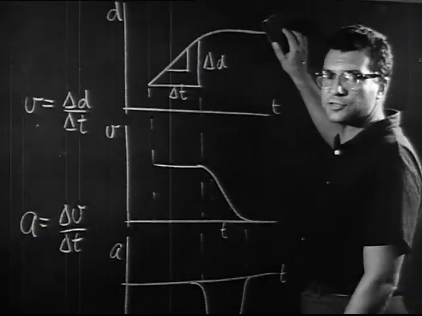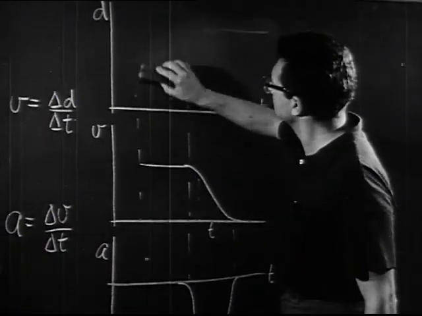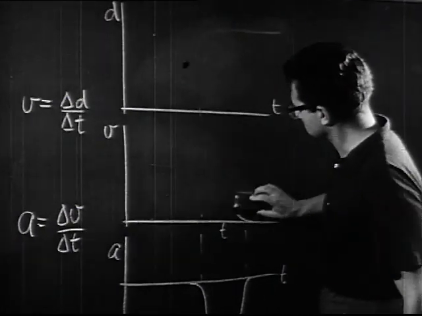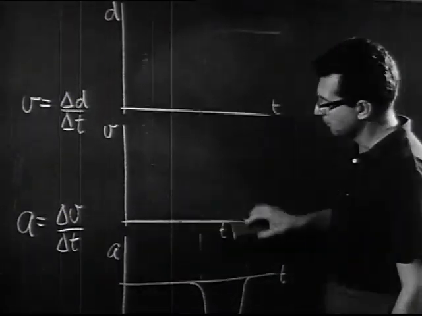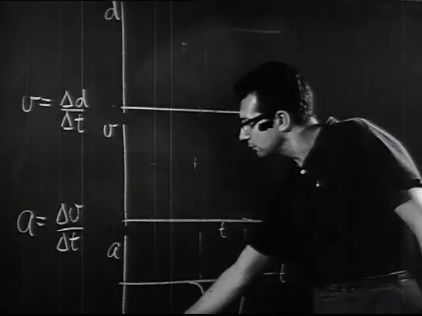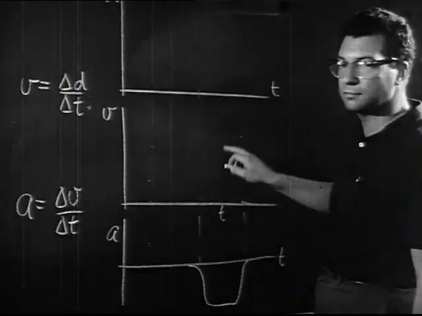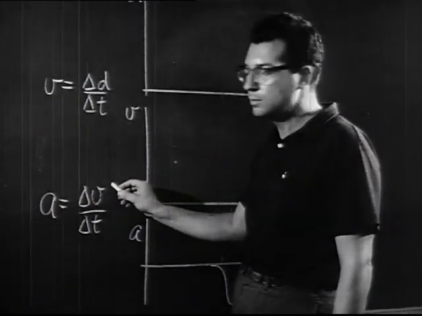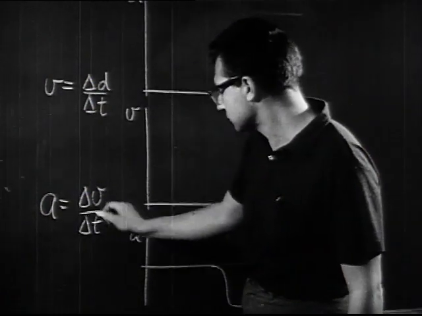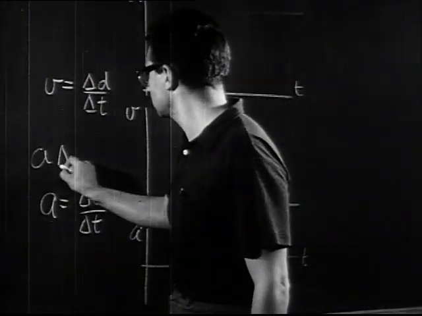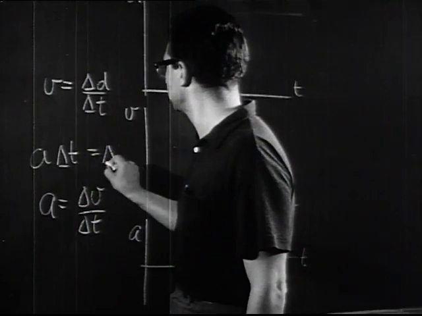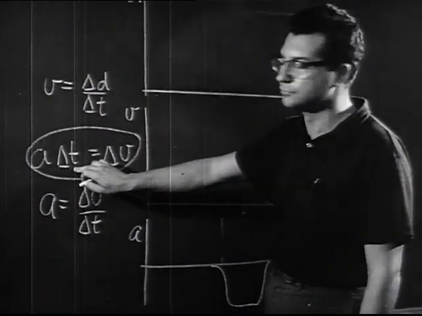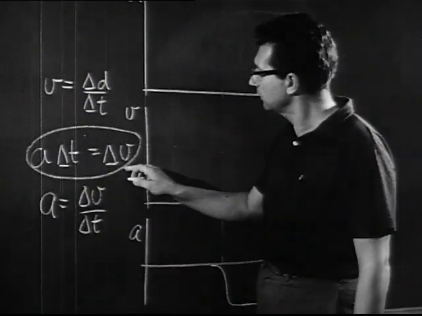Suppose I didn't have the distance versus time curve or the speed curve, but that I did have the acceleration curve to begin with. The problem is, can I construct the speed curve from it? Well, here's a relationship that we know, and notice that I can transpose it to read A times delta t equals delta v. Acceleration times the time interval gives the change in speed.